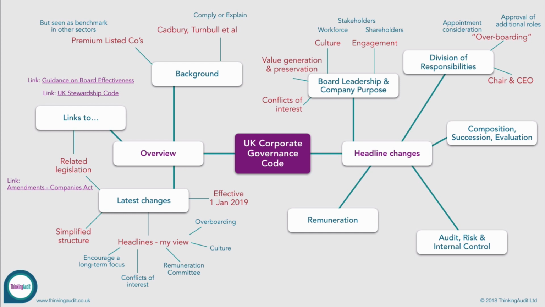We move on now to composition, succession and evaluation. And the aspect of the consultation on the code that was most controversial was probably that around the tenure of chairs. Provision 19 sets out a 9-year tenure, but it is pragmatic again.